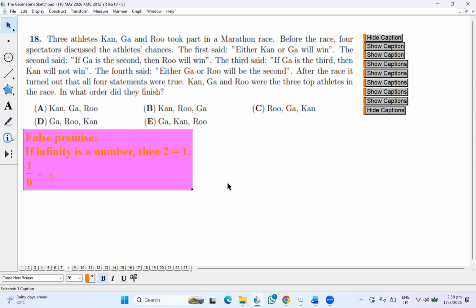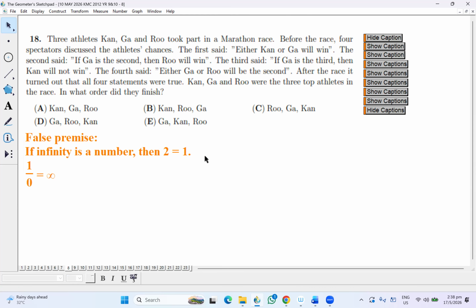So it's very confusing, so much information. So first, learn one important reasoning. When we say a false premise, something which is false cannot be true. Like infinity is not a number. So if infinity is a number, it's a false premise. Then you can claim anything.